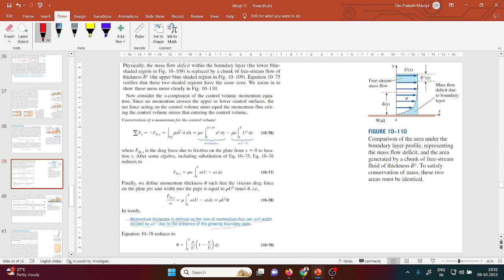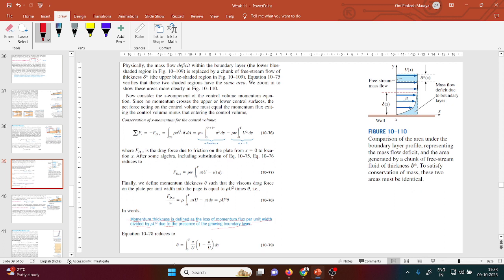The momentum thickness is defined as the loss of momentum flux, that is momentum transfer per unit width, divided by rho u square due to the presence of the growing boundary layer.